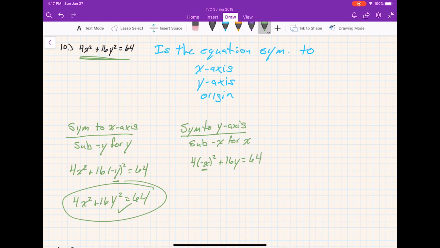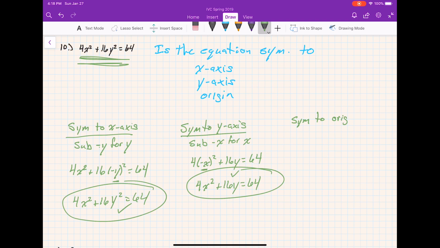You can see that this -x squared would turn out to be the same thing. So this is the same formula, even though I forgot to put the squared on the y there. You just know that that was supposed to be there.